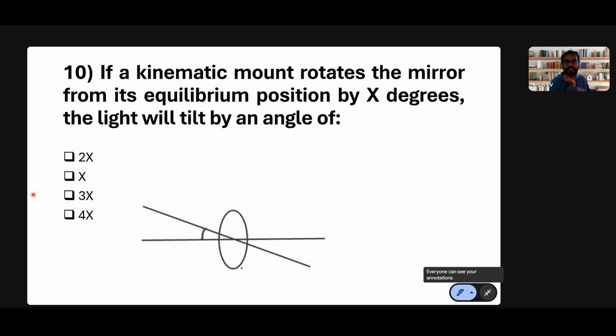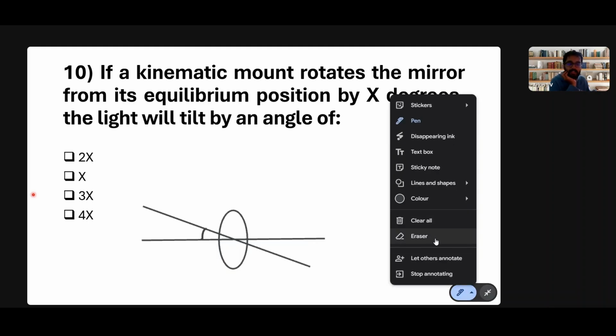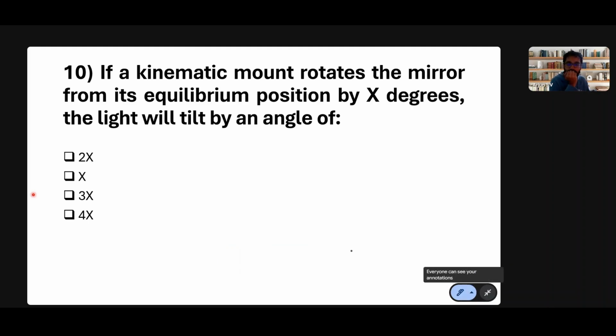So you can consider this for the question of a mirror as well. You don't need to generally do it for a lens. So one second, I'll just draw it for the mirror itself, so that it will be much easier to understand.